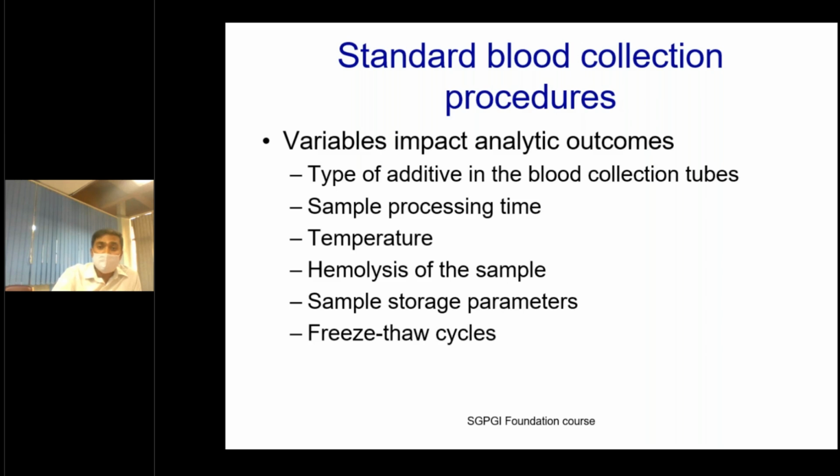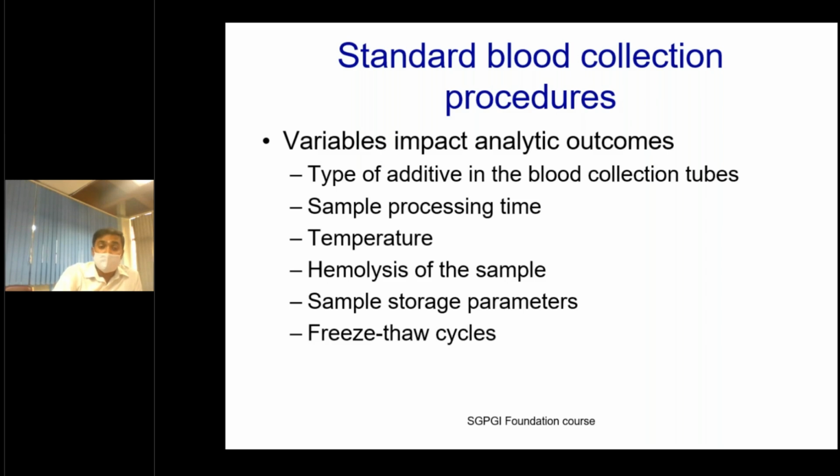So you need to choose appropriate vacutainers, and you should transport the samples at appropriate temperature. For example, certain tests such as PTH and ammonia need to be sent on ice, chilled, and you need to avoid hemolysis.